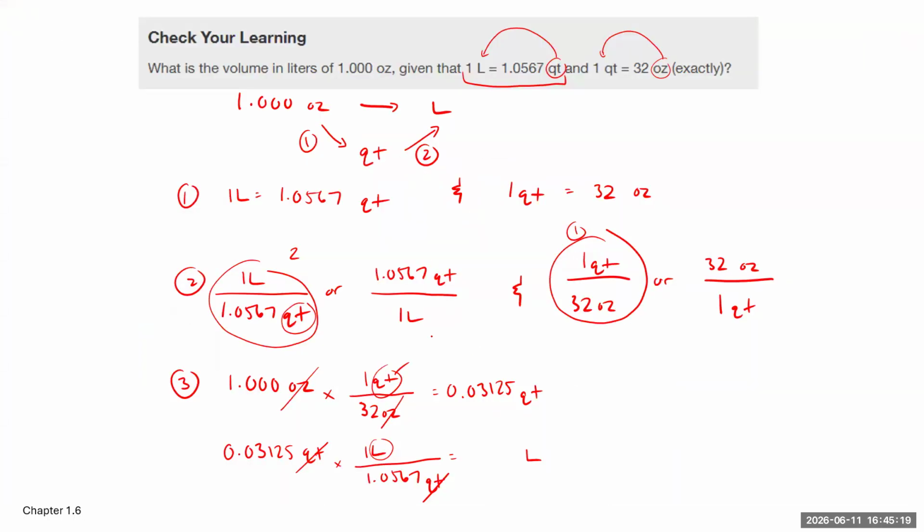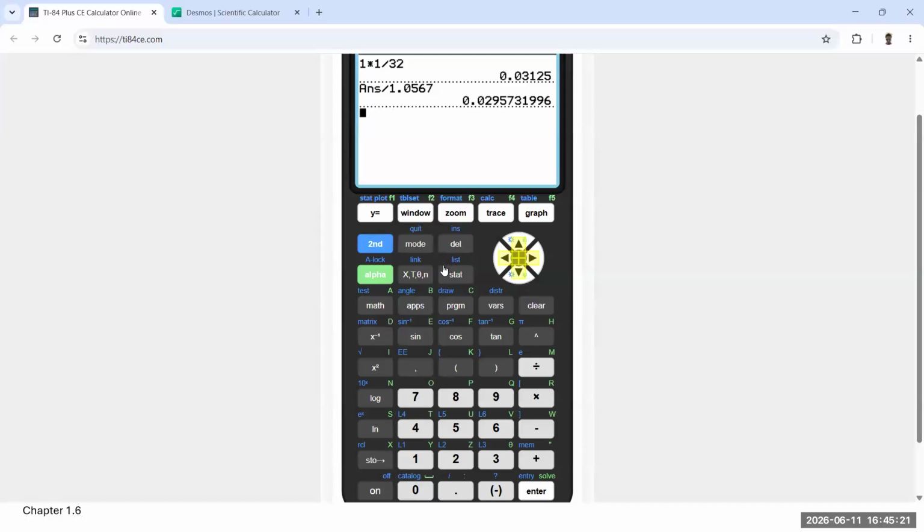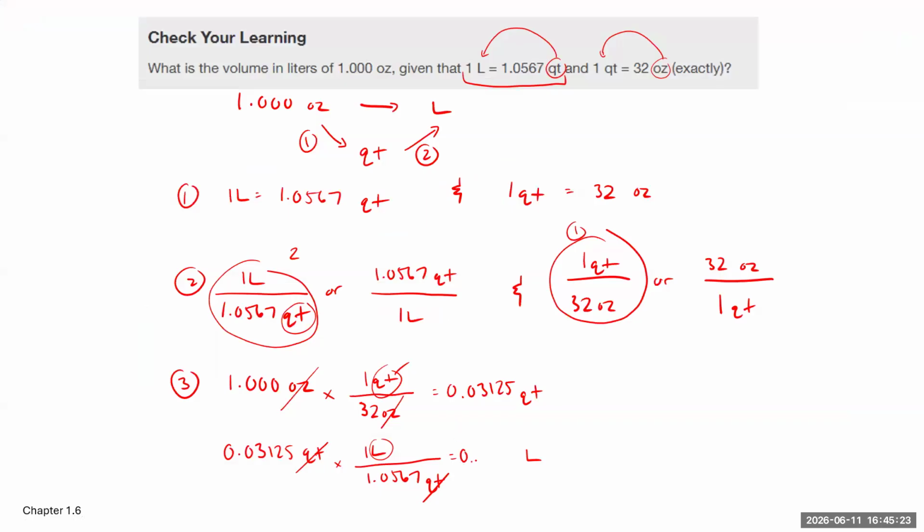Okay, here we have 4 sig figs, so we need 1, 2, 3, 4 sig figs. Cut it off there. It's 0.02957 liters. And this is 4 sig figs, right? So that worked out great.